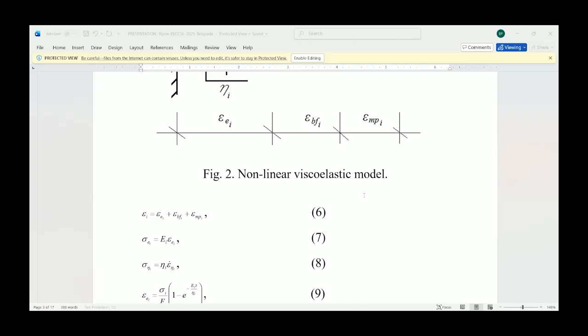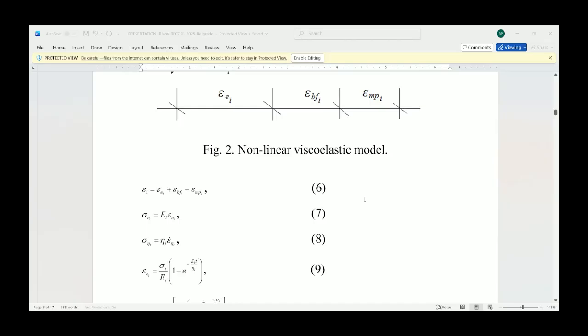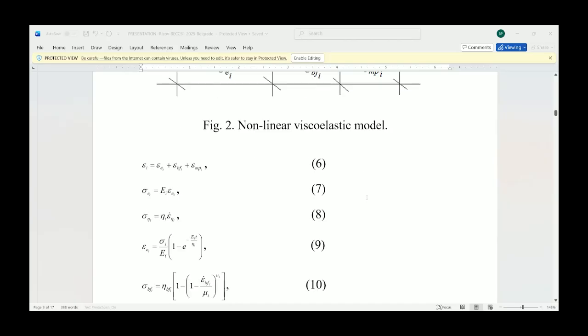The constitutive laws of the linear spring and dashpot are given by equations number 7 and 8. In these equations, sigma Ei and sigma eta i are the stress in the spring and the dashpot. Epsilon eta i dot is the time derivative of the strain in the dashpot. The stress-strain time relationship for the linear spring and dashpot under the stress is given by equation number 9. Here, t is the time.